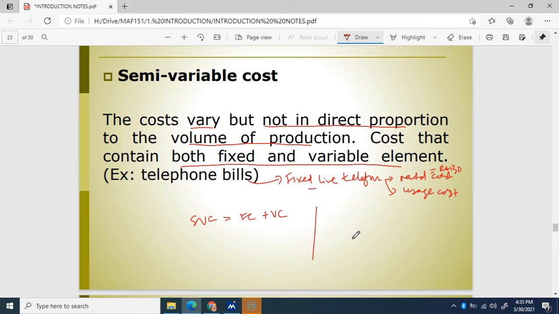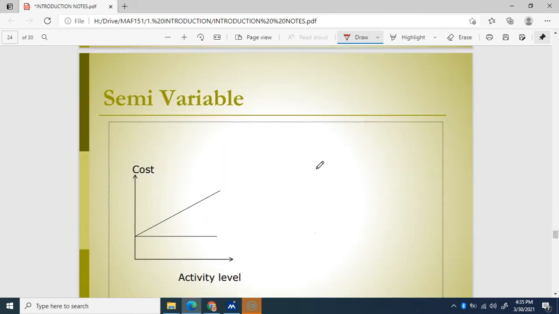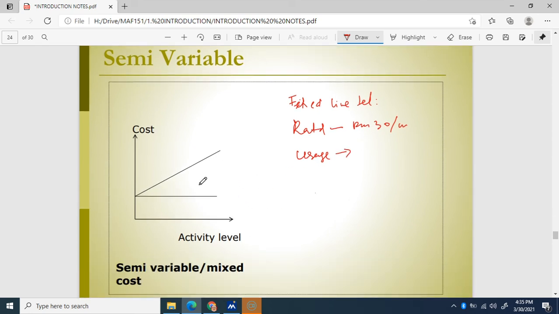So when you draw the graph, here for the fixed line telephone, you have rental, you have usage. Rental, let's say 30 ringgit per month. This one is based on usage. So if your level of activity is increasing, you still have to pay the rental of 30 ringgit. If you do not use the telephone, you still have to pay 30 ringgit per month.